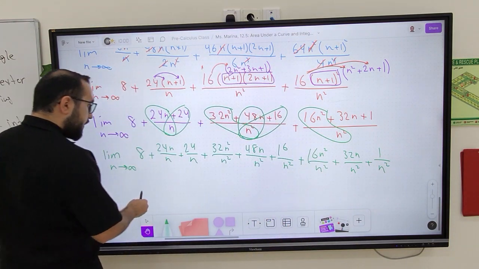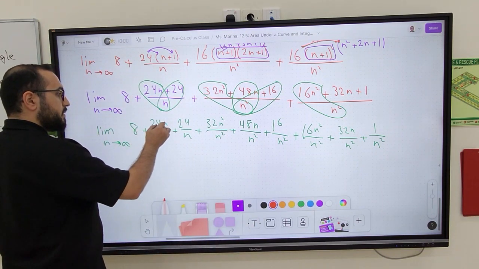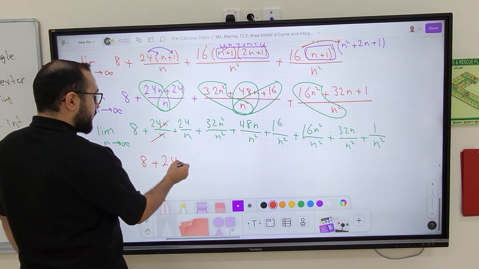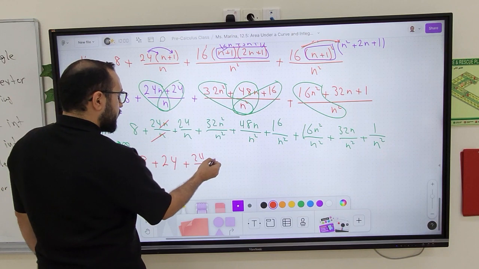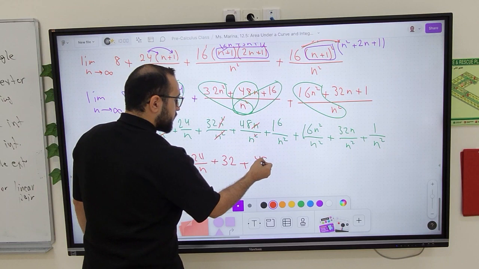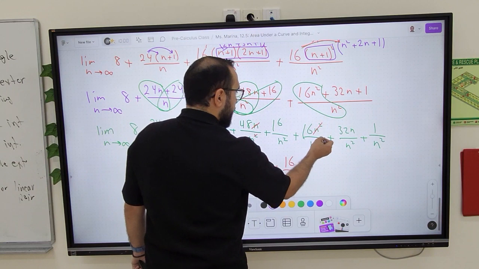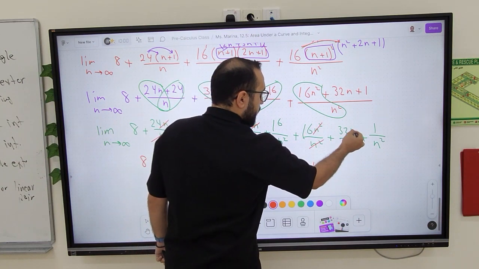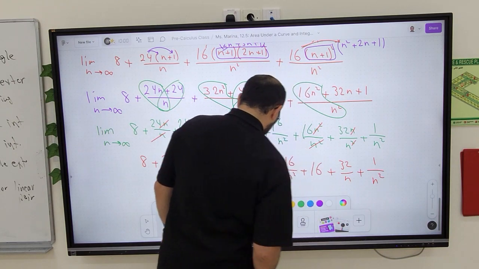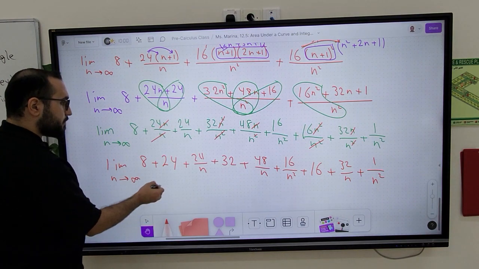Now let's cancel every n in the numerator, so n times n. So now 8 plus 24 plus 24 over n plus 32 plus 48 over n plus 16 over n squared plus 16 plus 32 over n plus 16 over n squared. So all of that is the limit as n approaches infinity.